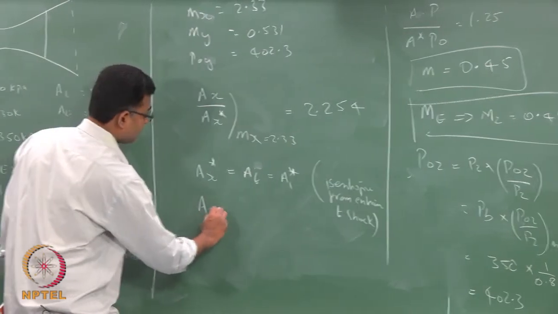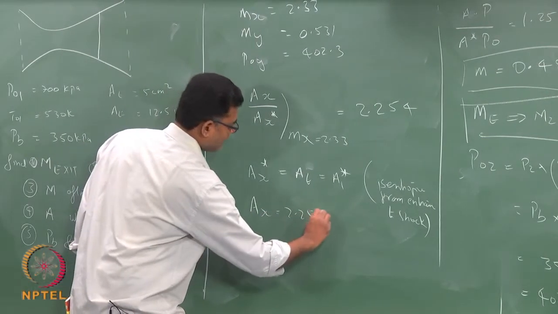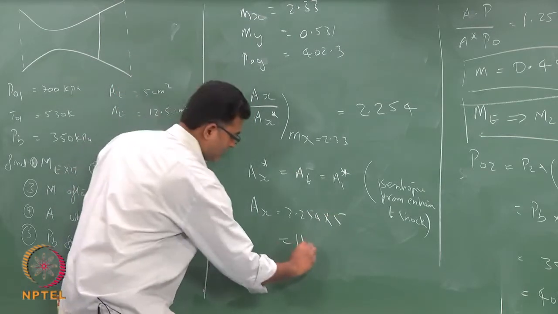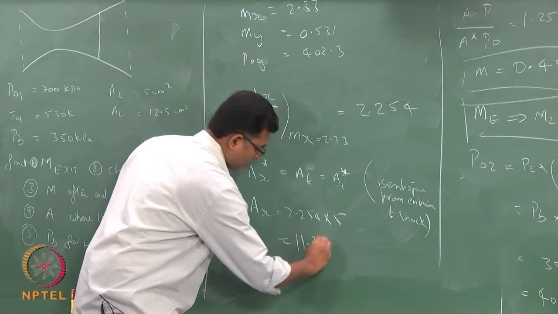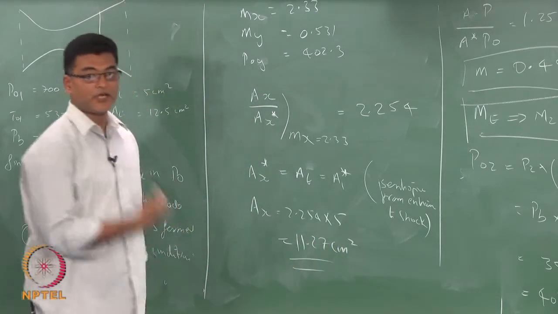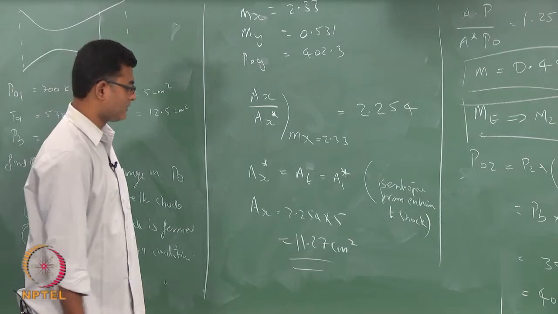So my Ax is 2.254 into 5, 11.27 centimeter square. So at this location I will have my shock.